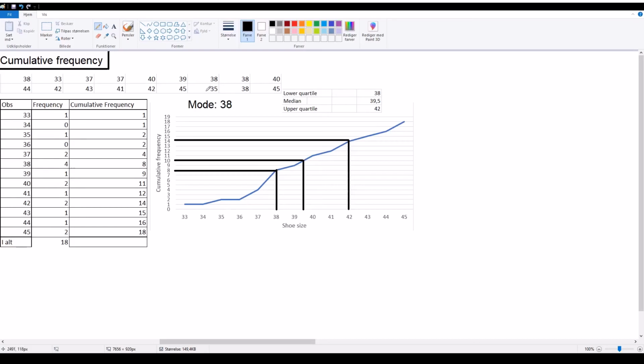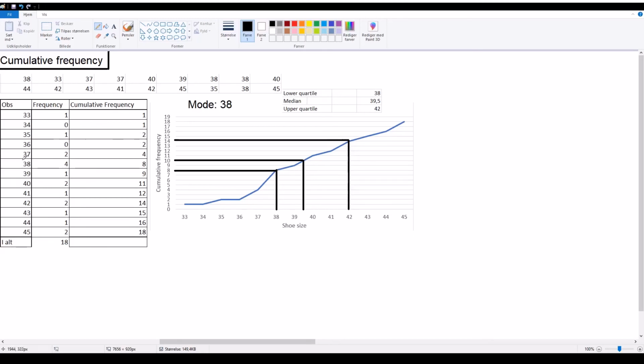And the way you will count it is essentially you take the first frequency, that's 1, and then there's 0 of this observation, so there's nothing to add. You see there's one observation of this, so you add 1 to the result before. There's 0 again, so you add nothing.